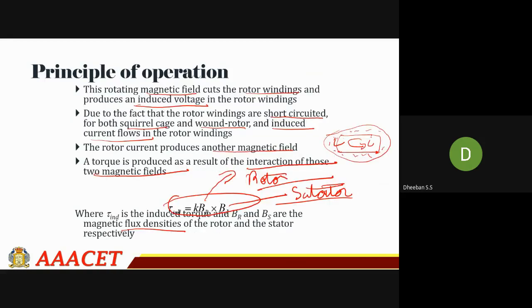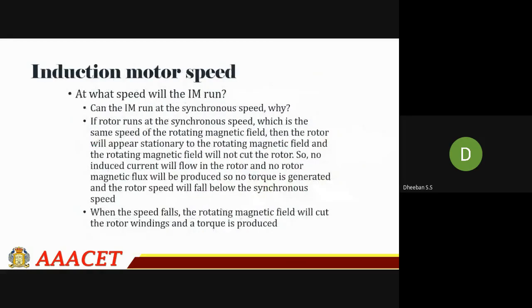Now about the induction motor speed: at what speed will the induction motor run? Is it able to run at the synchronous speed? Synchronous speed is nothing but the maximum speed at which the induction motor could run.